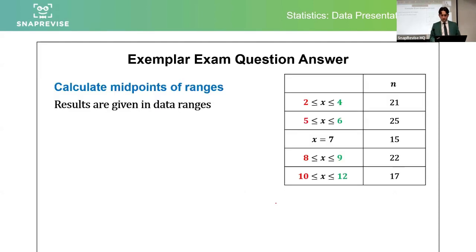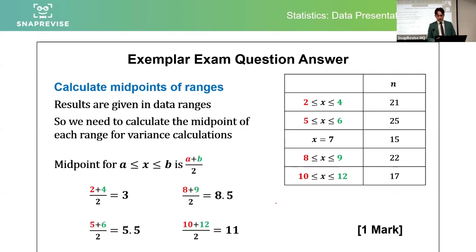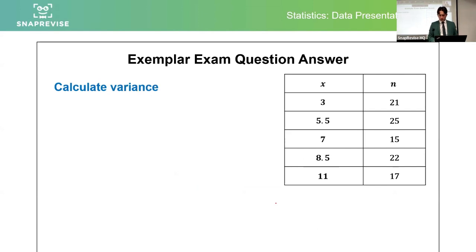Right, here we go. First thing we're going to do is calculate the midpoints of the ranges, because this is grouped data, and we'll do that for each one. So add the two bounds up and halve it, find the middle. If we do that for each, we can add that on for each of the grouped ones.